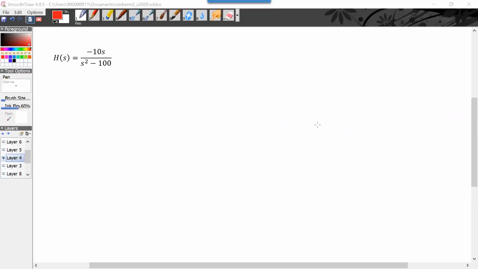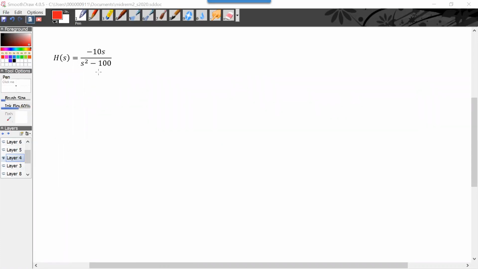All right. We have positive roots, poles on the right-hand side. Okay. You can look at the chat for the answer.